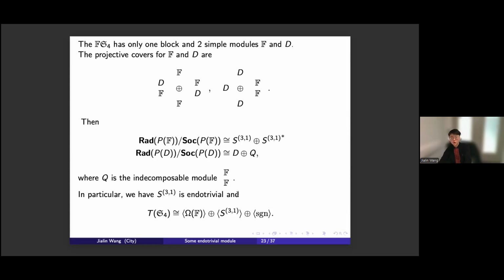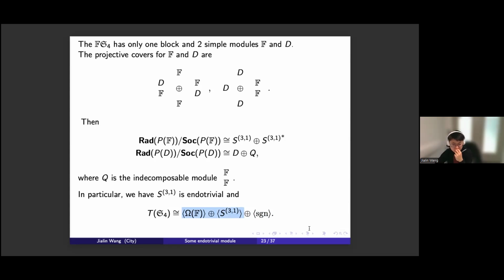And the group TS4 is generated by the Omega of F and S31, and the sign, sorry, actually we don't have the sign here because you don't have this sign in characteristic 2. So you will only have this 2. Okay.